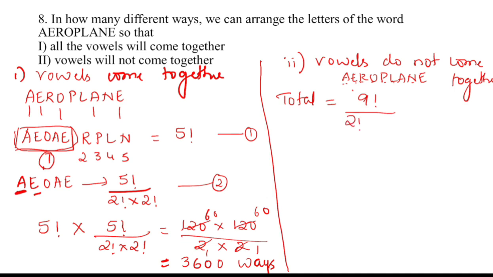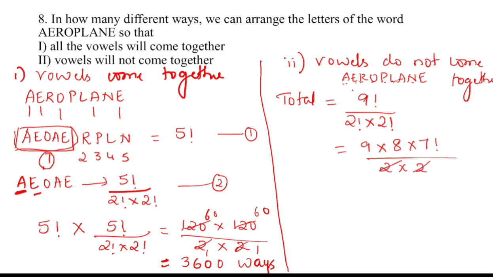So divide by 2 factorial into 2 factorial, which is equal to 9 into 8 into 7 factorial over 2 into 2. We can keep 7 factorial like this. 2 factorial is nothing but 2 into 1, which is 2.